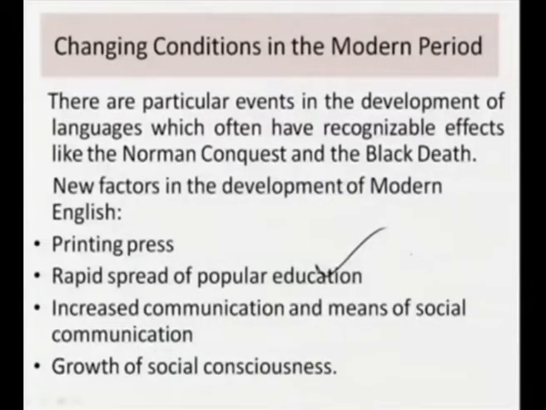So, the 4 factors were, very importantly, the bringing in of the printing press by Caxton to England, and following that, the next 3: the rapid spread of popular education, with the availability of books.